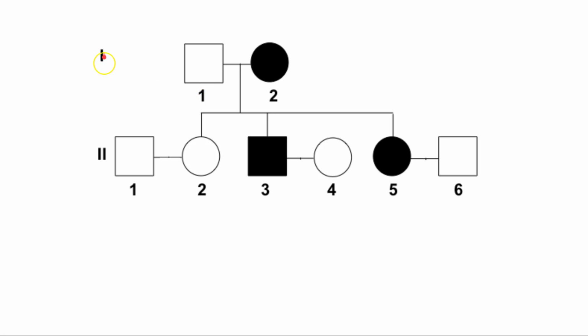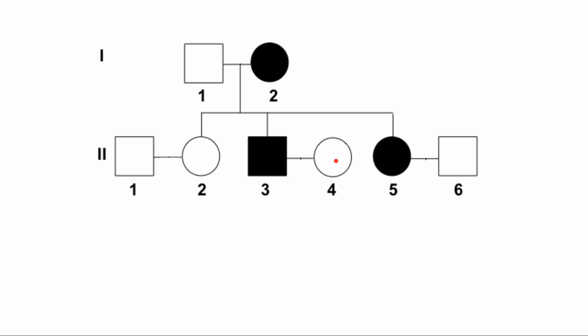The Roman numeral 1 on the left represents the first generation, and Roman numeral 2 represents the second generation. If I was talking about individual 1-2, I would be talking about the mom of the first generation. If I wanted to talk about this individual here, I would say individual 2-4.